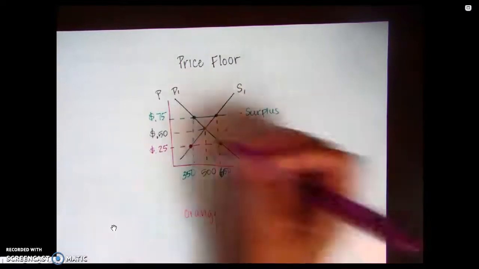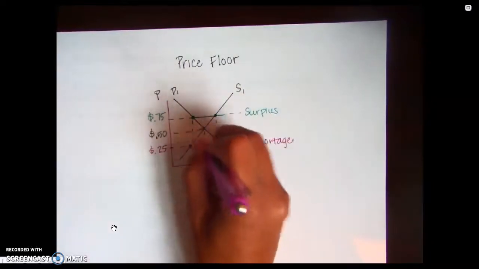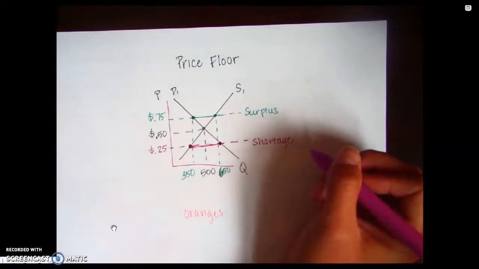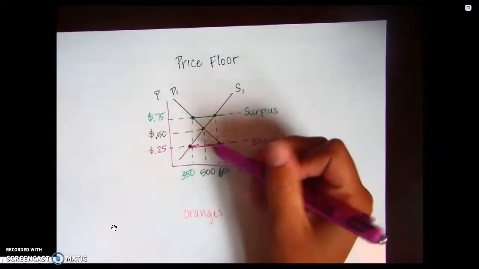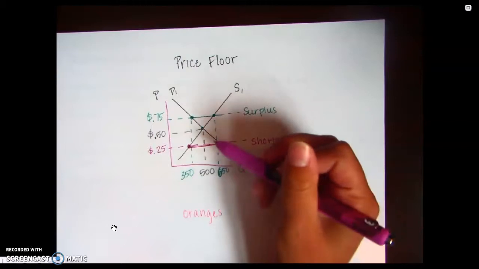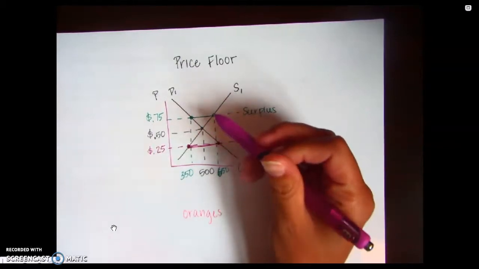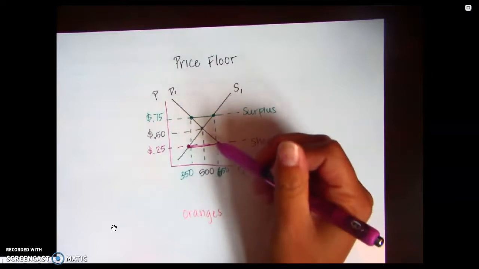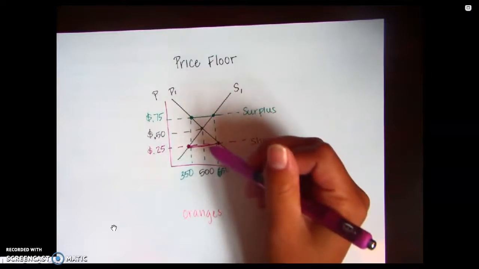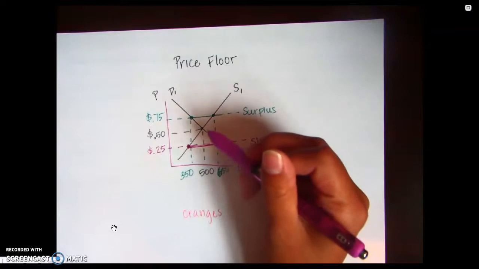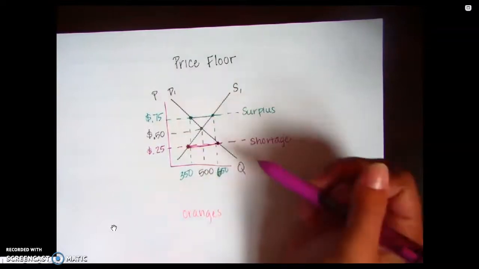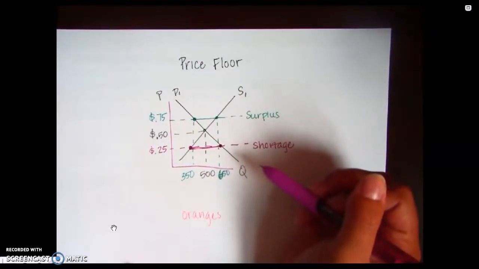As a producer, you always want the floor to be below you because that means you can charge more than that item. This is just the minimum. You do not want the floor to be above you. That is not a good thing. Not that this is a good thing. It's really not. But at least you could kind of set your own price and kind of get yourself back to that sweet spot if you wanted to.